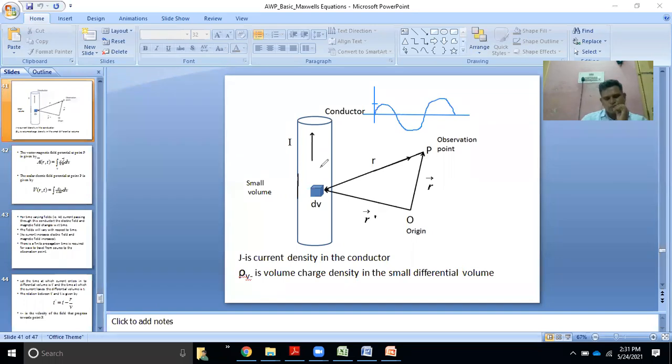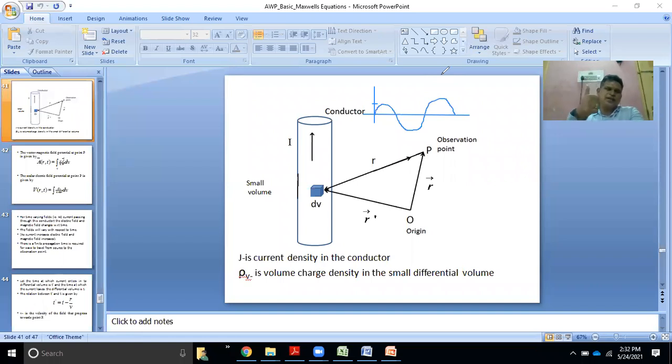Not the XY plane. The magnetic field is perpendicular to the electric current.